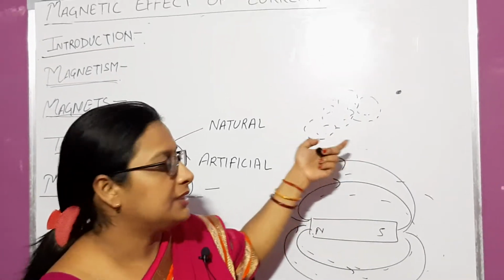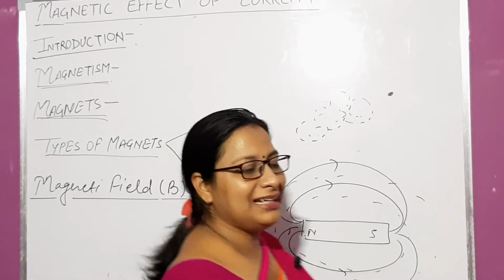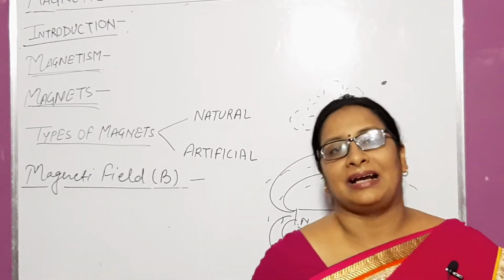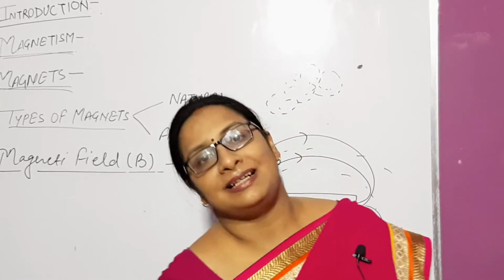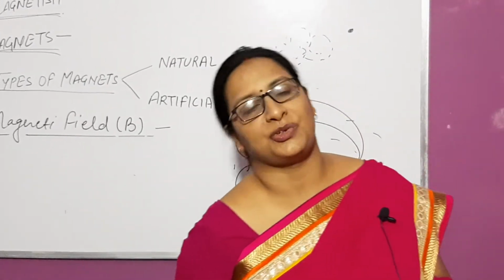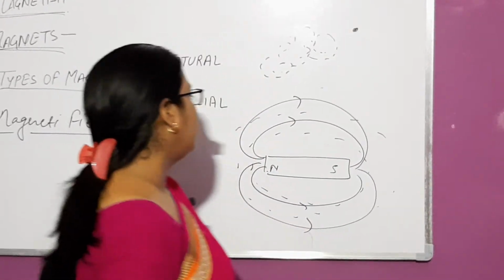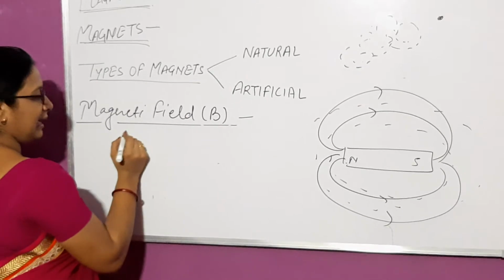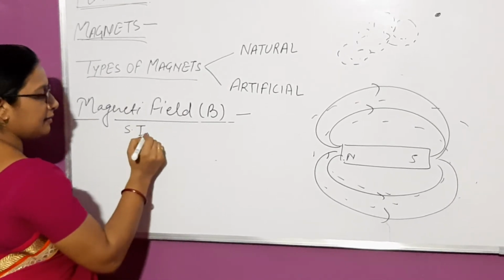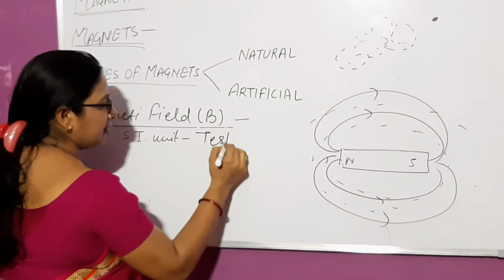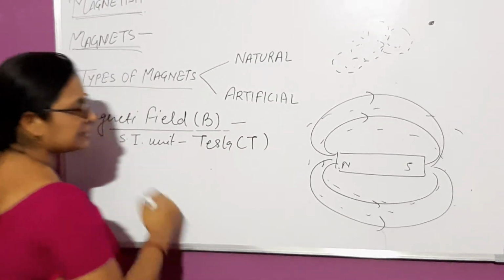So magnetic field is simply a region around the magnet in which other magnets or magnetic materials experience a force of attraction or repulsion. And the SI unit of magnetic field is Tesla, which is represented by capital T.